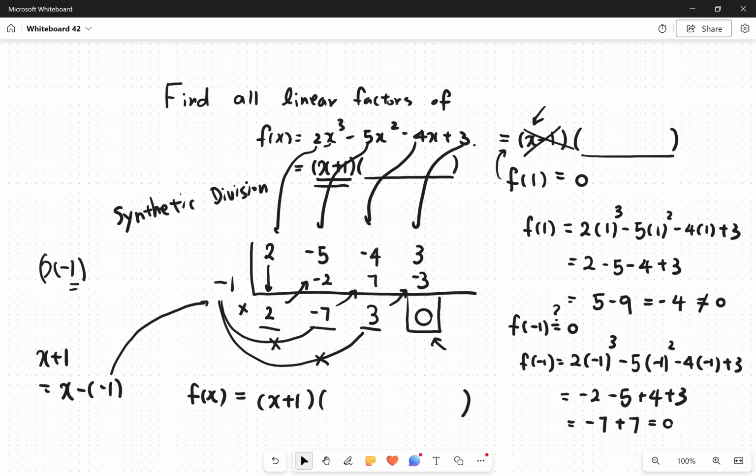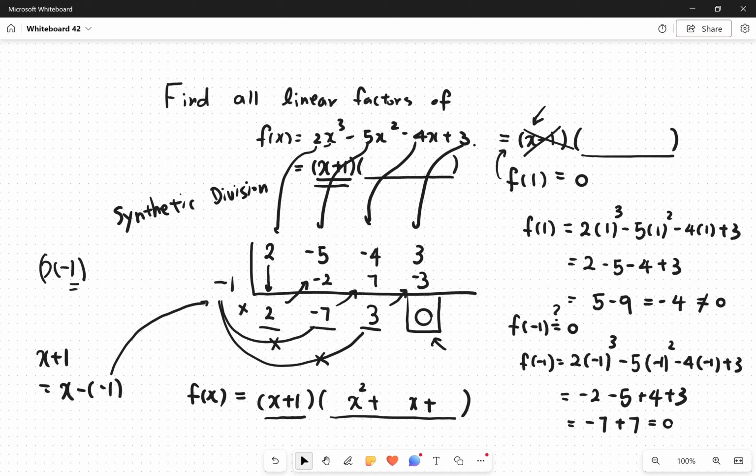If you remember the algorithm of division, whether long division, synthetic division, or any type of polynomial division, when we divide a cubic polynomial by a linear function, you're supposed to get a quadratic function, which means something x squared plus something x plus a constant.